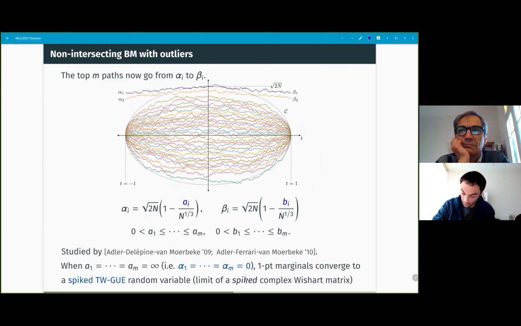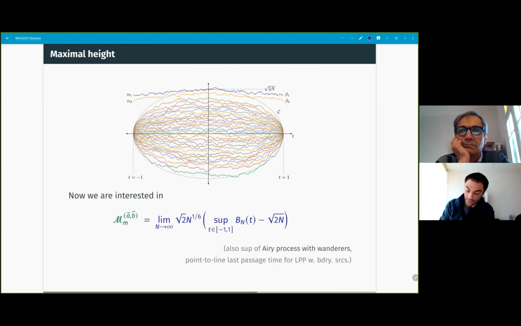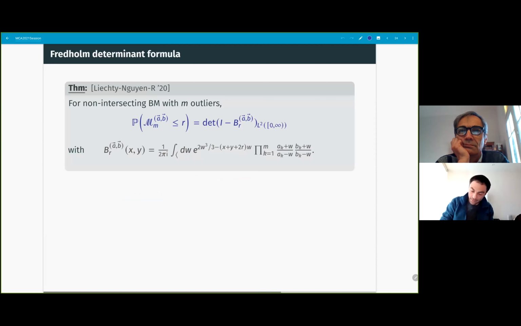I'm going to skip this. What we want to study now is the maximal height of the top path, but with outliers, and see if we can say something. This is more recent. The other work with my students is still in progress, but it's almost done.